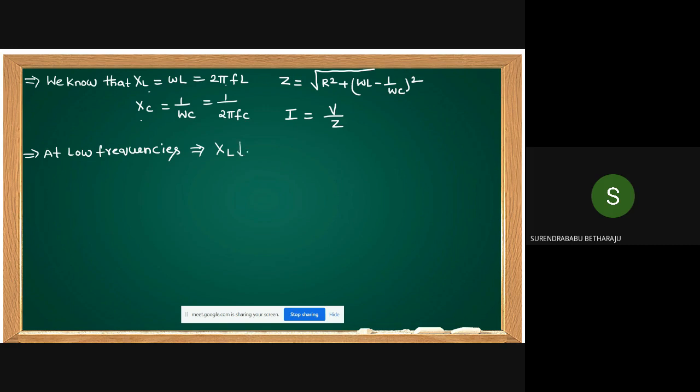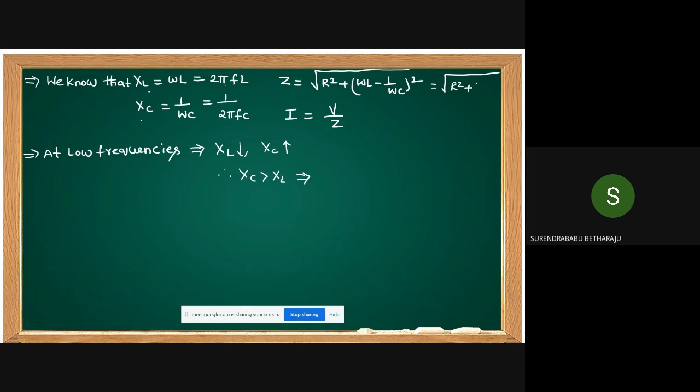XL reduces, XC increases. That means which is more dominant? XC greater than XL. If XC is greater than XL, you see this impedance term, students, I am writing simply as square root of R square plus XL minus XC whole square.